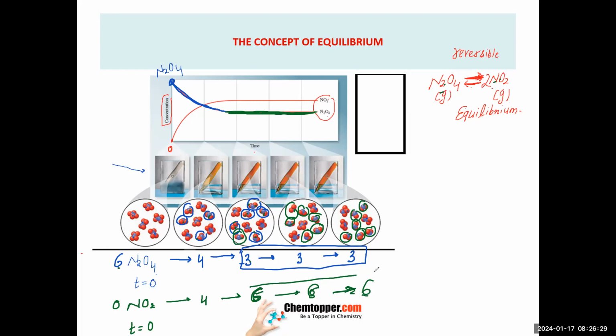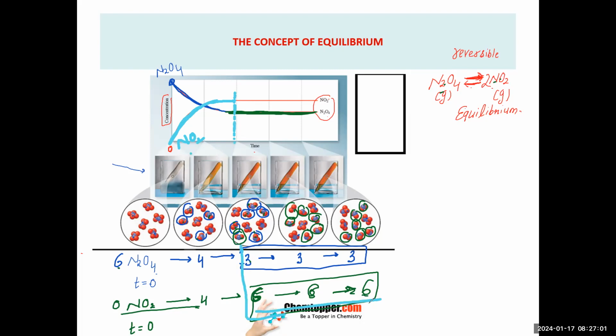Can you see it's constant? Can you see it's increasing? I'm showing you the increase here, children, on the graph. This is increasing. So this is NO2, which is increasing. But at the same time, when N2O4 stops increasing or decreasing, at the same time, NO2 is also constant.